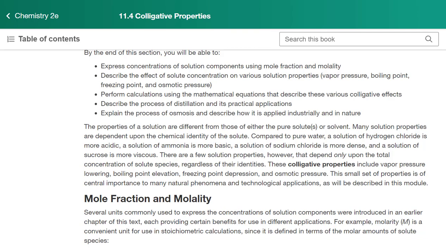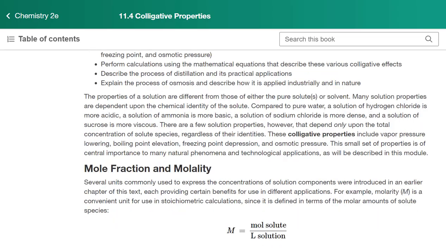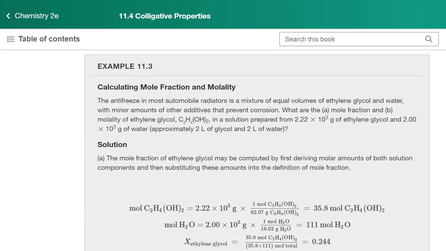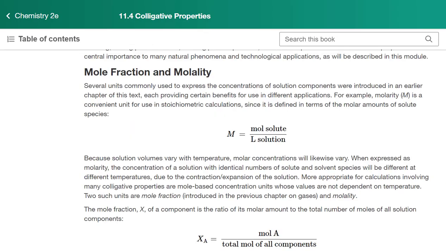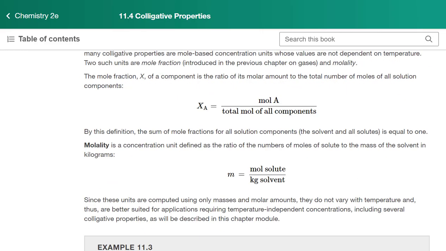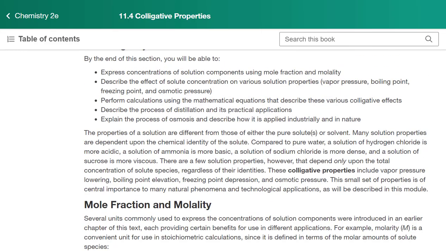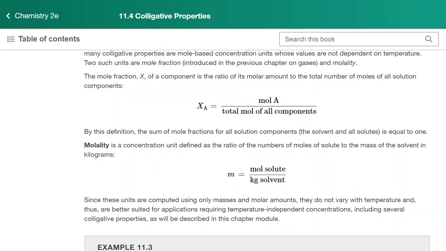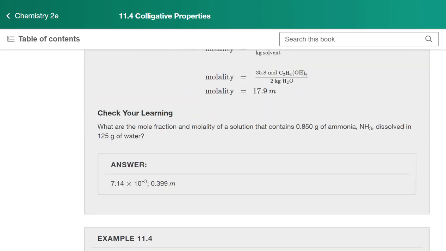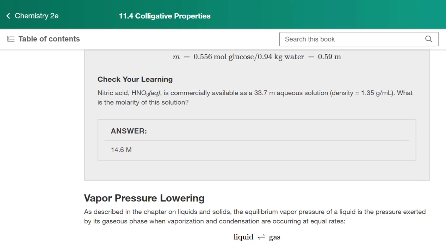It's just how many of them that you have. So let's look at how we can talk about these ideas. So again, the molality and mole fraction are how we are often going to be keeping track of these things. So that's why it was necessary to introduce those conversions.